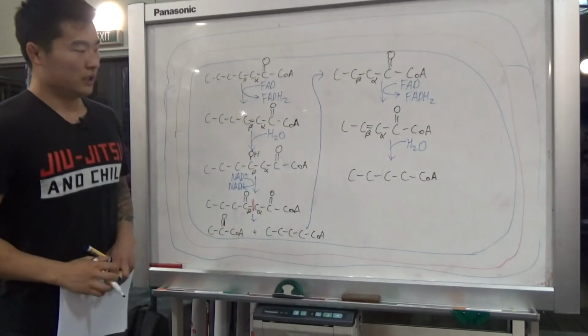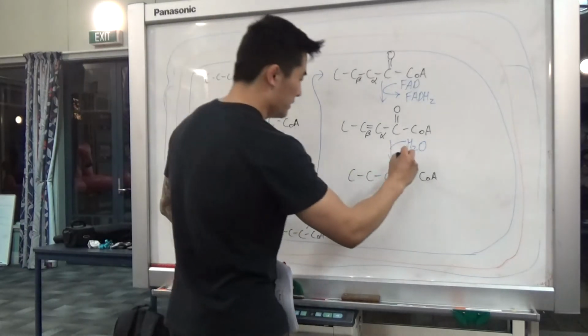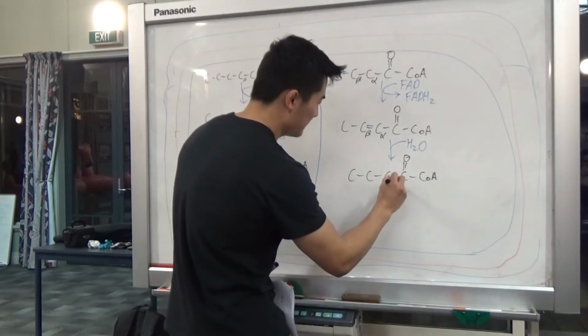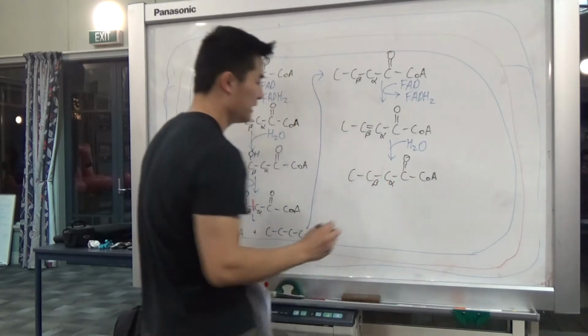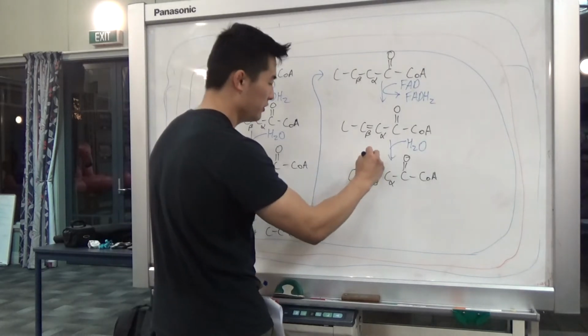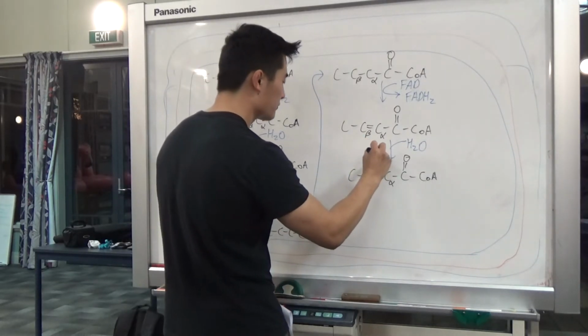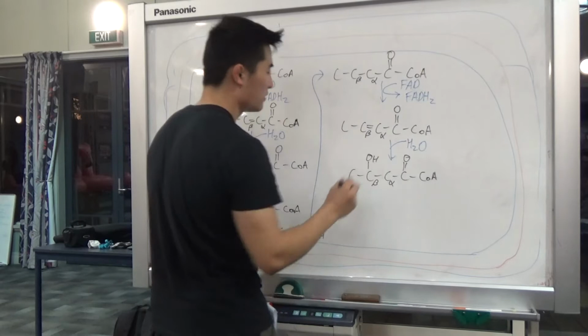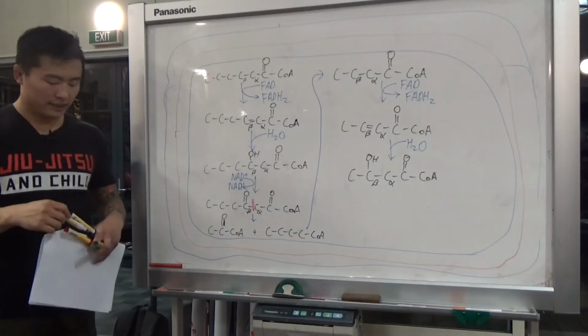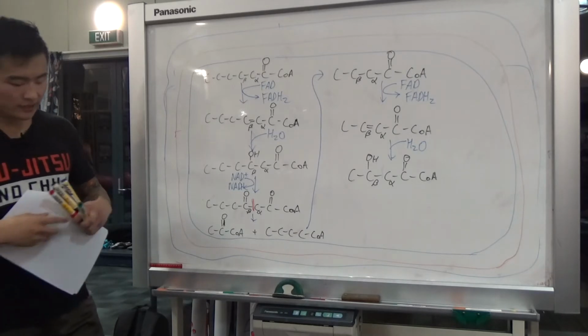So this one has the oxygen, this is the alpha carbon, beta carbon, and it's going to add the OH onto the beta carbon. Right. And then it's going to get oxidized again.